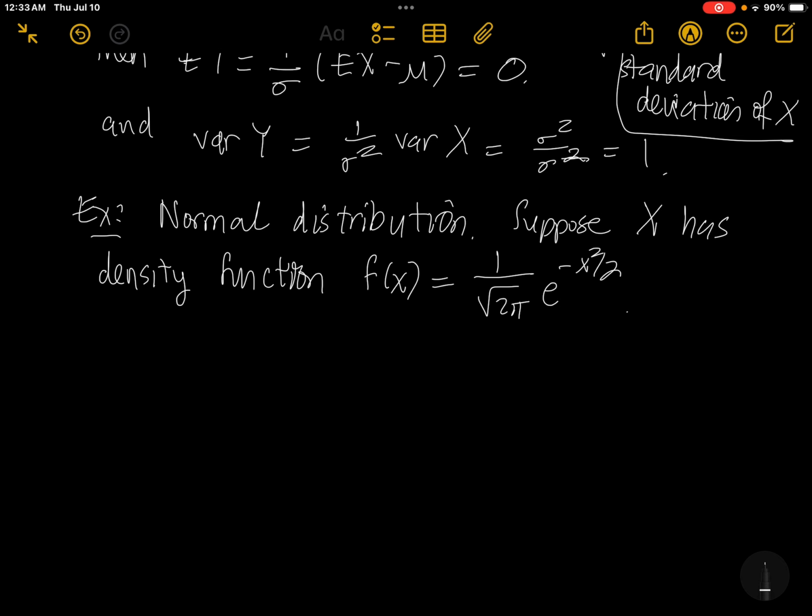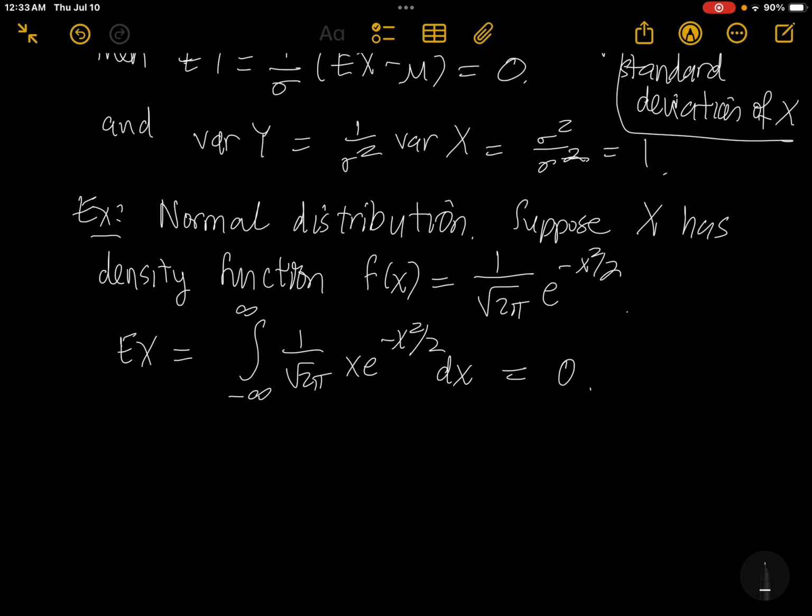Then the expectation of x is equal to the integral from minus infinity to infinity of 1 over root 2 pi x e to the minus x squared over 2 dx. But since this is an integral of an odd function, this integral is equal to 0.